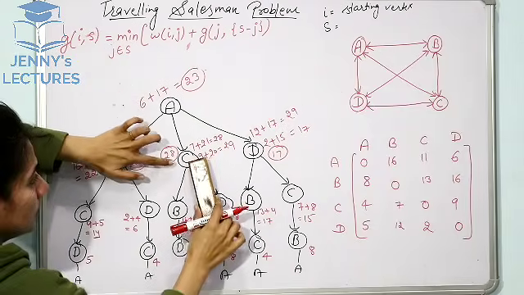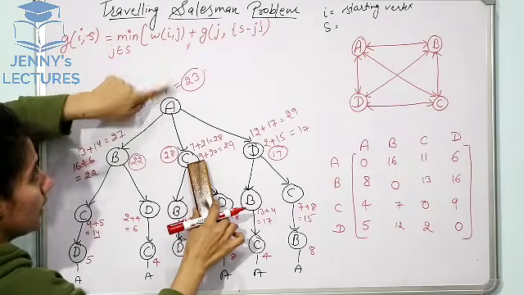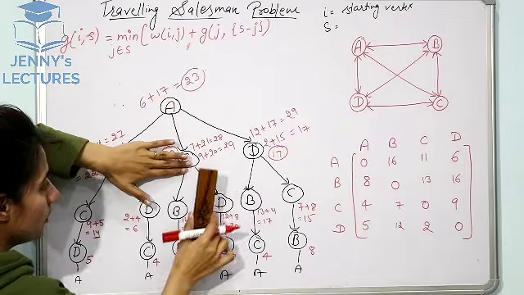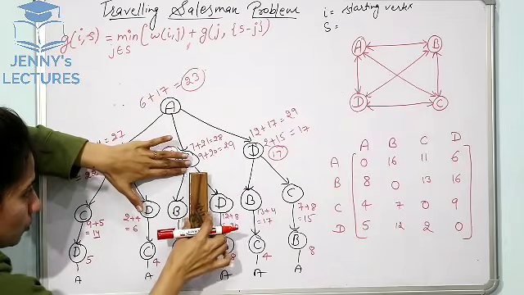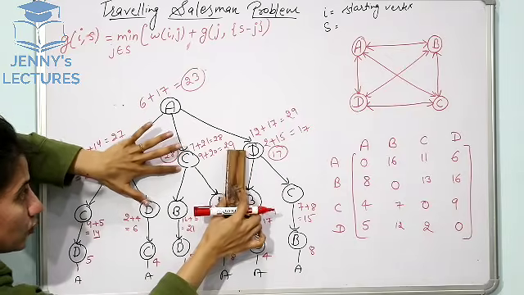Or if you take C in place of J, I is A and J is C. Then here A to C we have done, and then we will find out the cost from C to B, this route or this route, and we have taken the minimum.